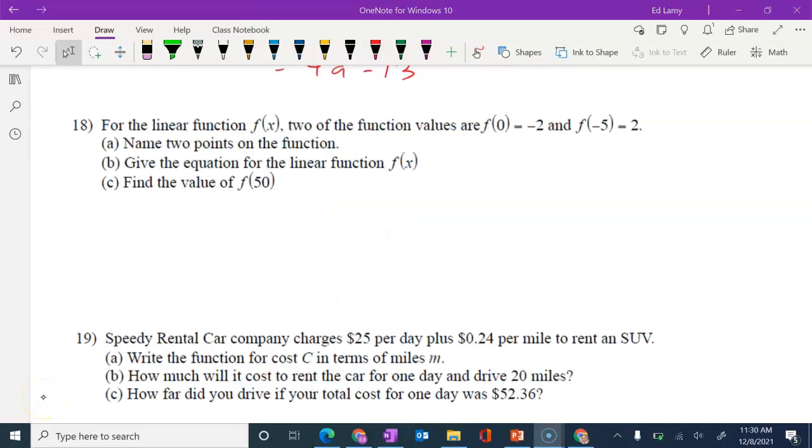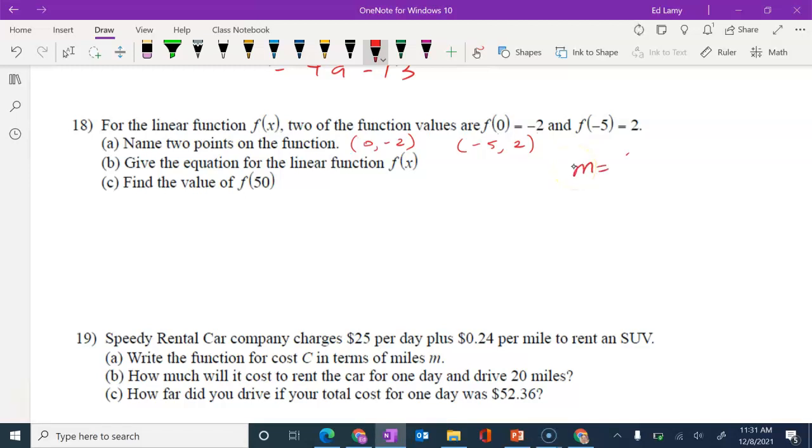So for the function f of x, if f of 0 equals -2, that means when x is 0, y is -2. So one point on the function would be (0, -2). F of -5 is 2, so when x is -5, the output is +2. That's another point on the function. So to give an equation for the linear function, we need to find a slope, and we can put it in point slope form or slope intercept form.